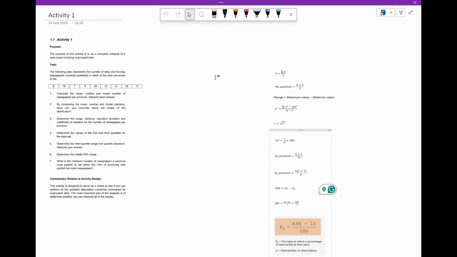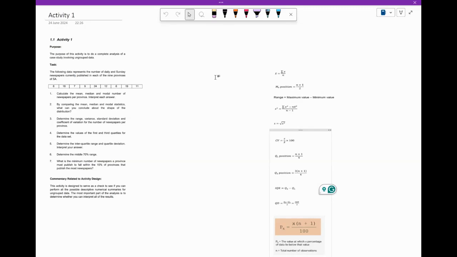The following data represents the number of daily and Sunday newspapers currently published in each of the 9 provinces of South Africa: 6, 18, 7, 9, 24, 12, 6, 19, and 11. Now calculate the mean, median, mode, number of newspapers per province. Interpret each answer.